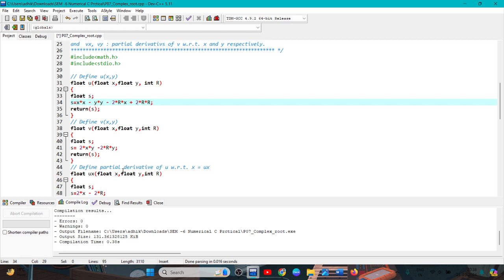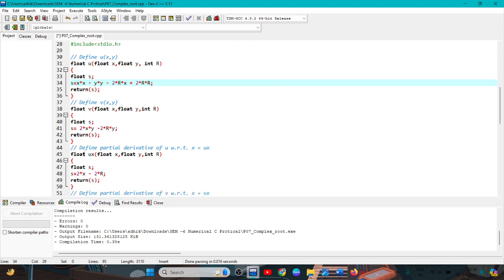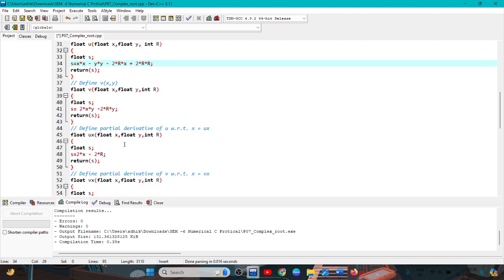Now we define the partial derivative of u with respect to x, that is del u del x, we call here ux. The float ux has arguments float x, float y and integer r. So this is the partial derivative with respect to x: x square gives 2x, and 2rx gives minus 2r.